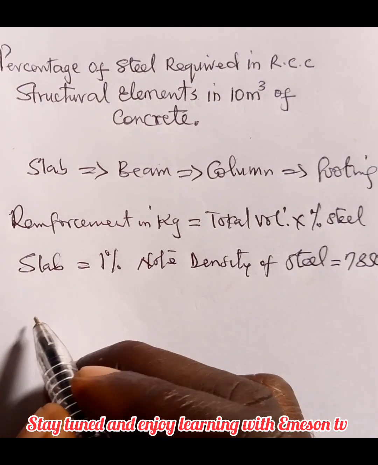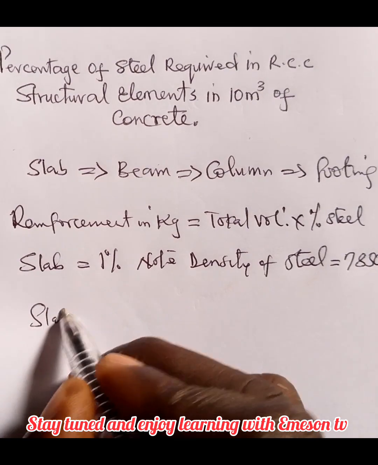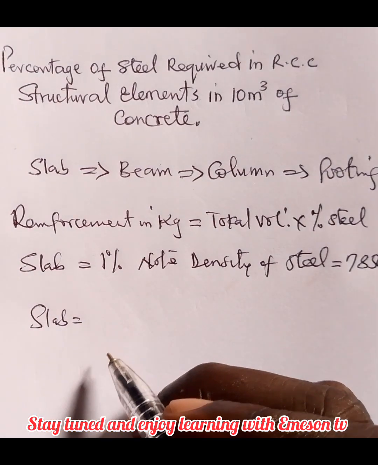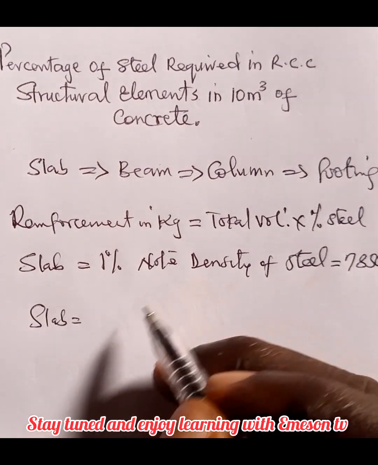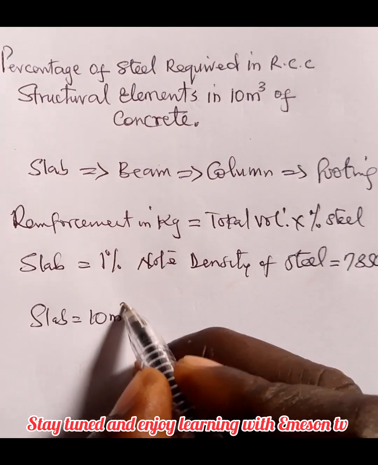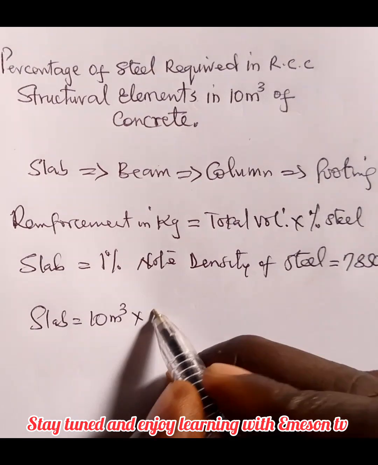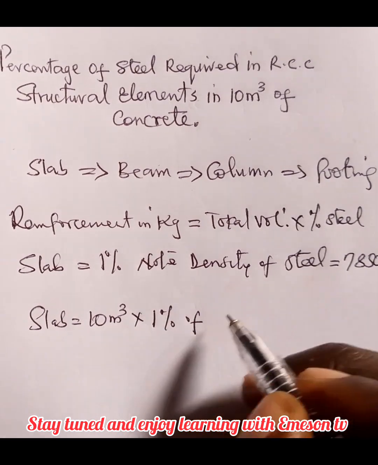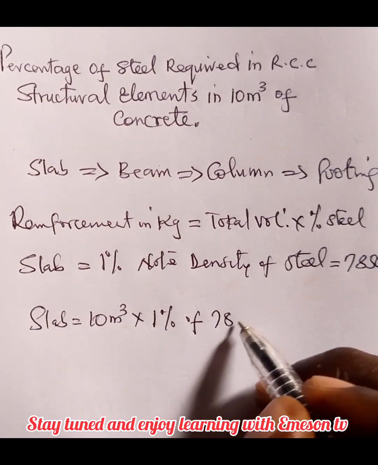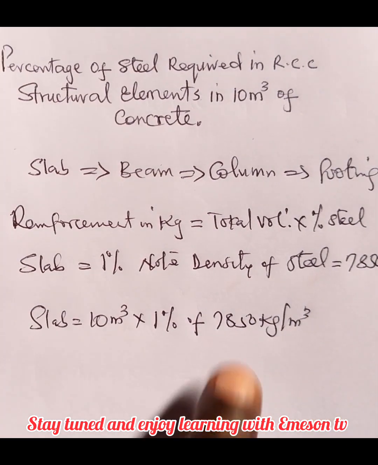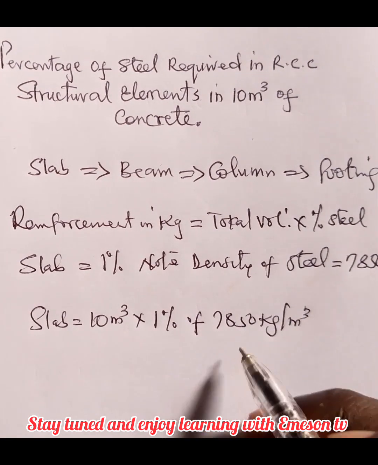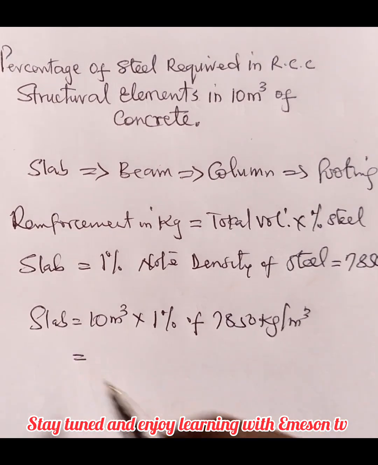So for slab, we now have the volume of concrete is 10 meter cube multiplied by 1% of 7850 kilogram per meter cube, which is the density of steel. So 1% of steel is present here. So let's do this.